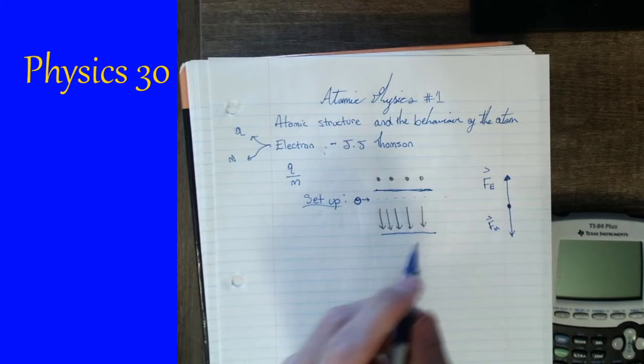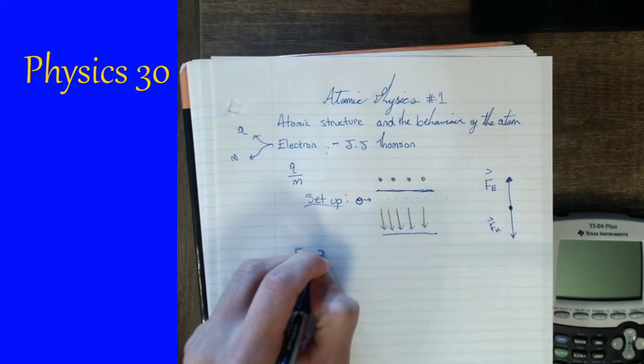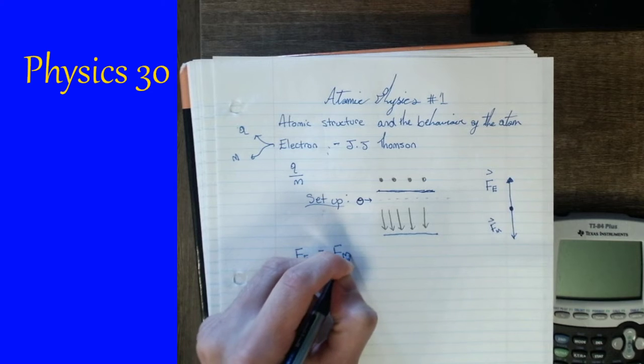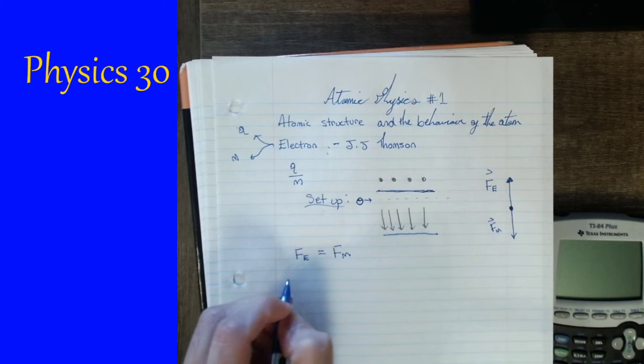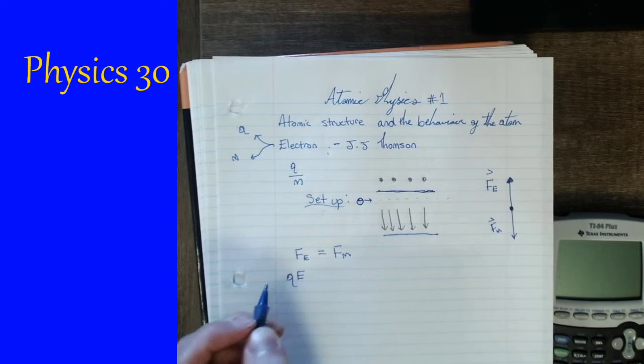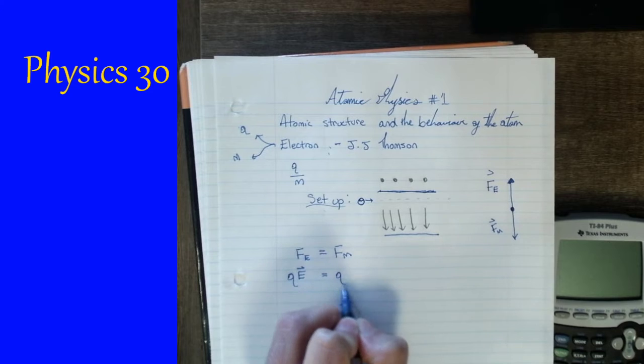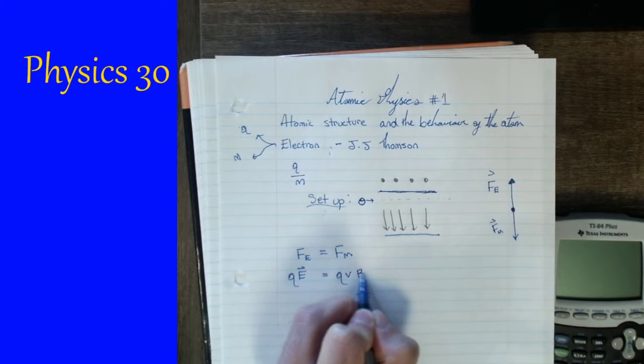So that means the electric force is equal to the magnetic force. Well, electric force is Q multiplied by the strength of the electric field, which is equal to QV times the strength of the magnetic field.